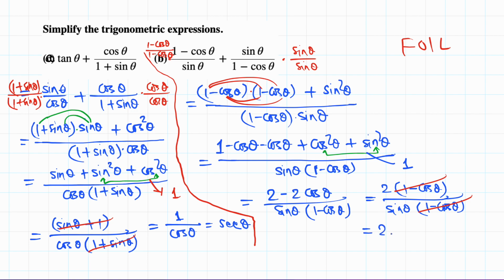The reciprocal of sine is cosecant, so this is 2 cosecant theta. We could have gone directly there. These two fractions, when we combined, became 2 cosecant theta or 2 over sine theta, the same thing.